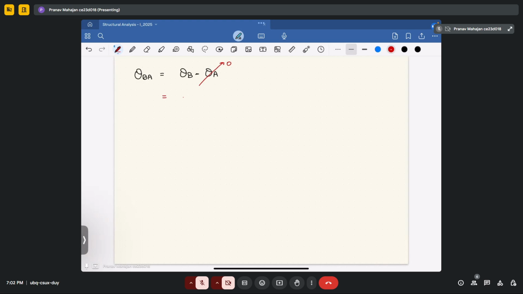That means it will be equal to area of bending moment diagram between B and A divided by EI. If I write the area, it will be equal to minus 50 into total length is 6 divided by EI. It will be equal to minus 300 upon EI.